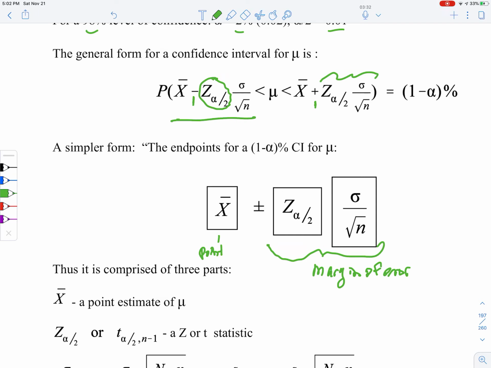This is the point estimate: x bar is our best guess of what mu is. This is called the standard error, the standard error of the mean, because we are estimating means, mu's. And then this is based on the level of confidence.